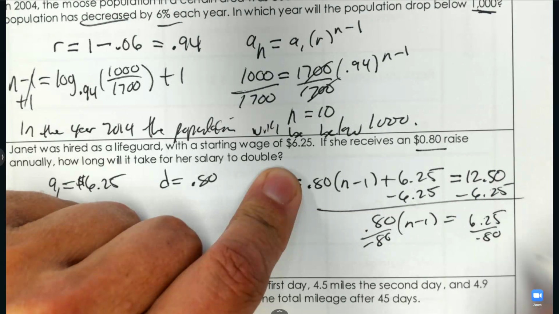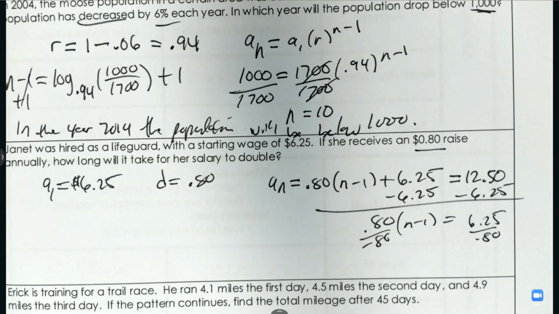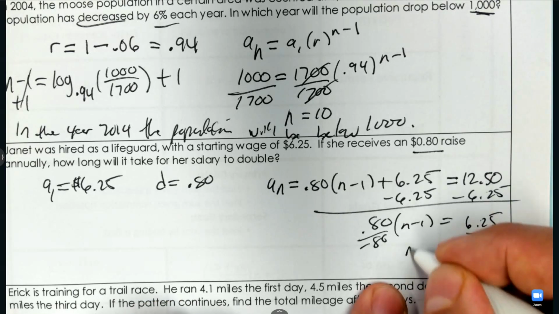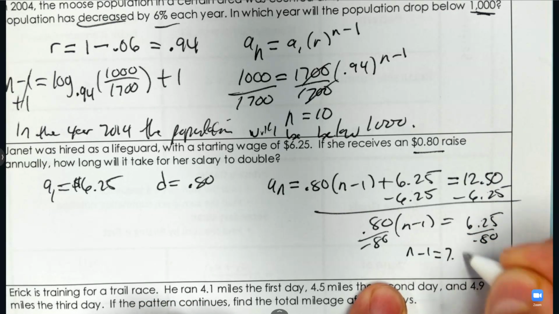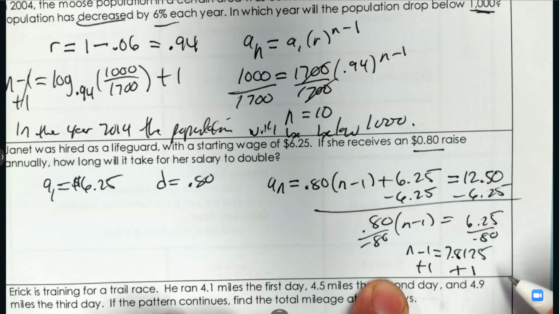How many 80 cents are in 625? Oh, let's see if it's even. Probably is, and I'm not thinking. I'm just using Desmos. It's not even. 7.8125. Add 1 to that answer, and we're going to round.